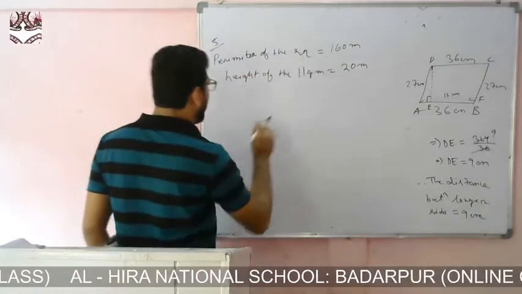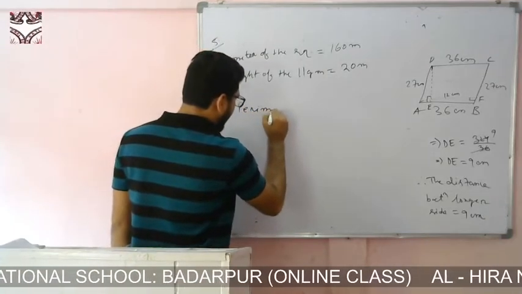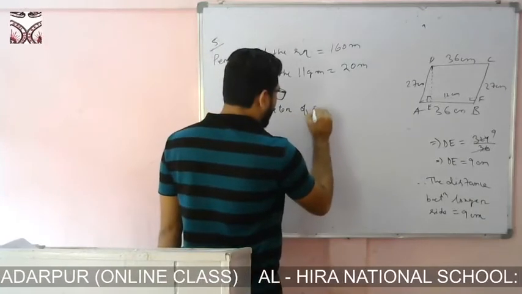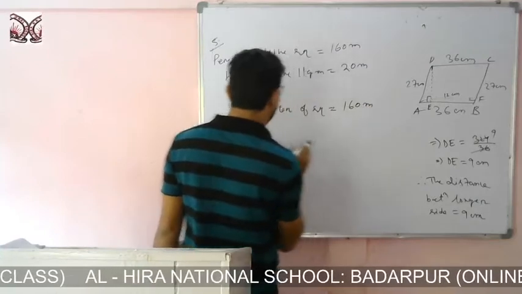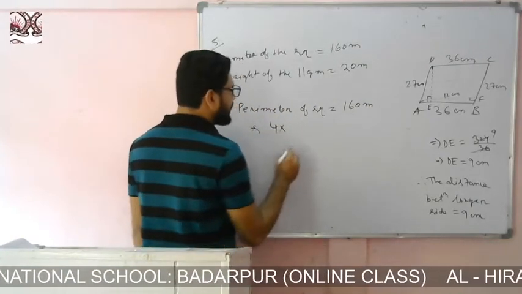From the perimeter I can find the area of the square. So write: perimeter of square equals 160 meter. And we know the perimeter of a square is 4 into side.